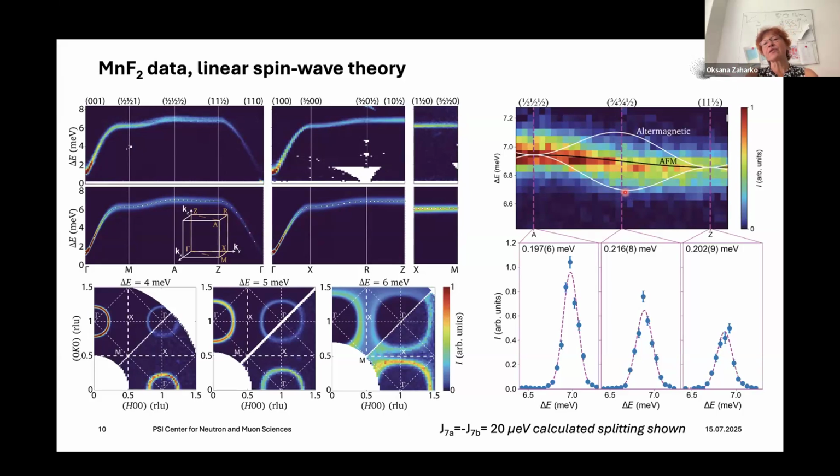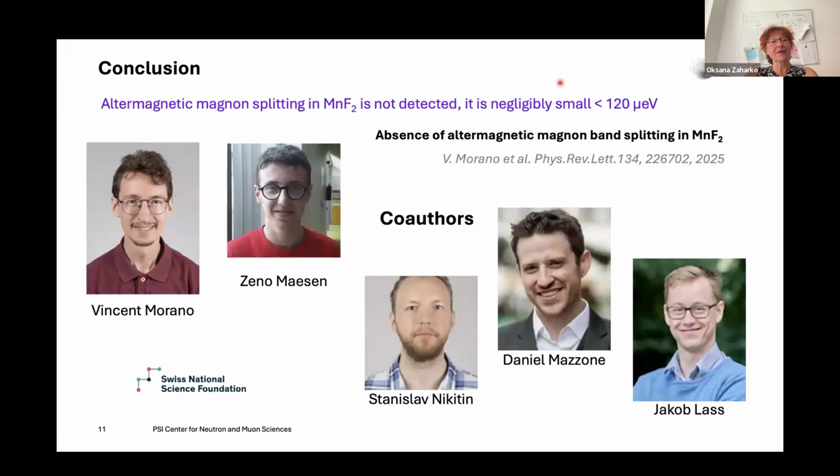What is important is not the value of this J, but really the difference between them. So our data show that there is no altermagnetic splitting within the resolution of our experiment. That's what I should say.